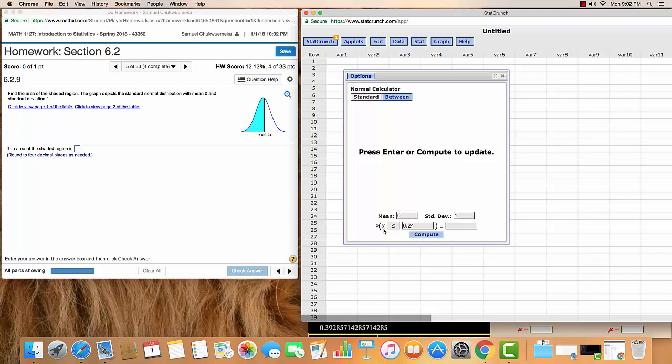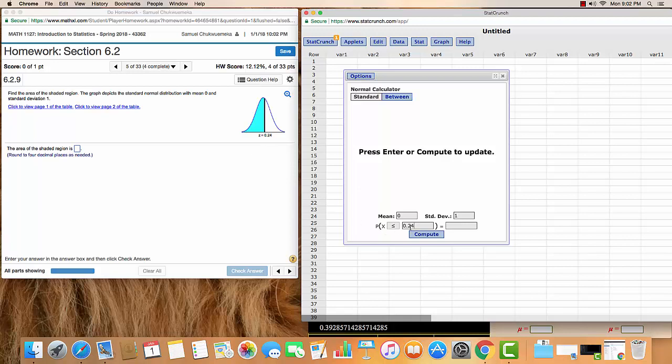But when this is not 0 and this is not 1, then it is x, and we have to convert this x to z before we can use the table. That is in section 6.3. But in this section, that's fine. This is actually z.